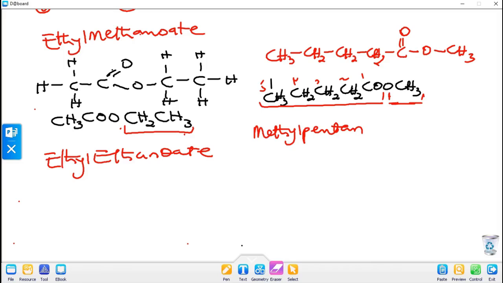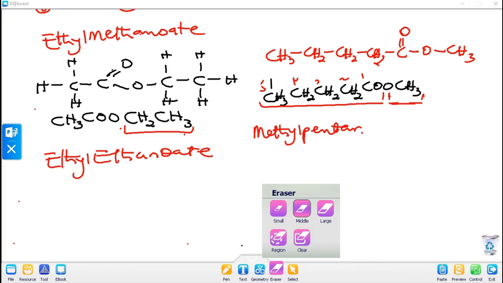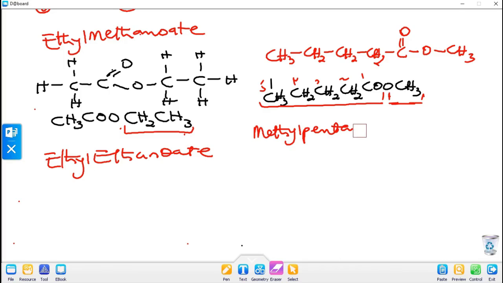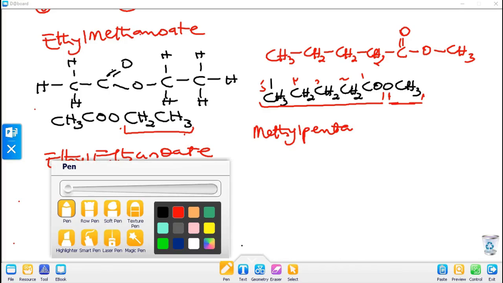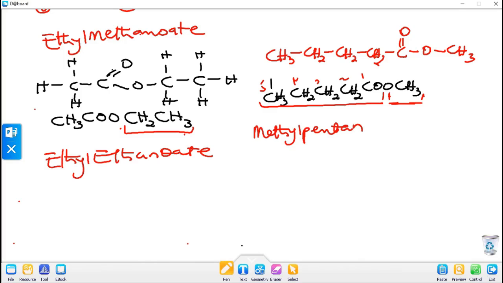So having seen that, the name is what? Let's take that down very well. The name, instead of ending with pentane, is going to be pentanoate. So to combine the name, we have it as methyl pentanoate. This is how to name an ester, methyl pentanoate.